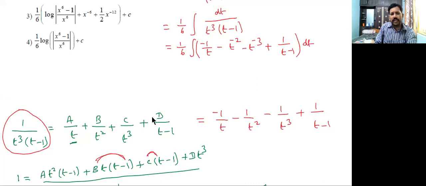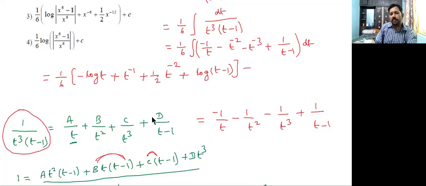Now do that integration. 1/6 times: minus log t, minus the integral of t^−2, which is t^(−2+1)/(−2+1), overall plus t^−1. The integral of t^−3 is t^(−3+1)/(−3+1), that means plus 1/2 t^−2. Plus the integral of 1/(t − 1), that is log(t − 1), plus C.